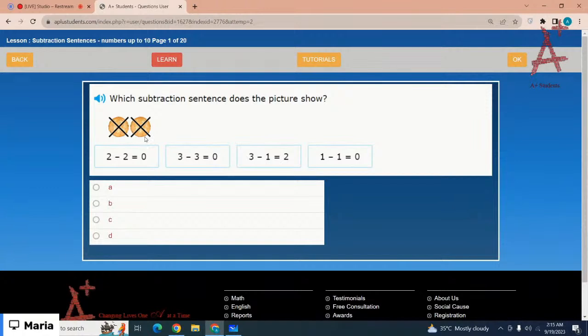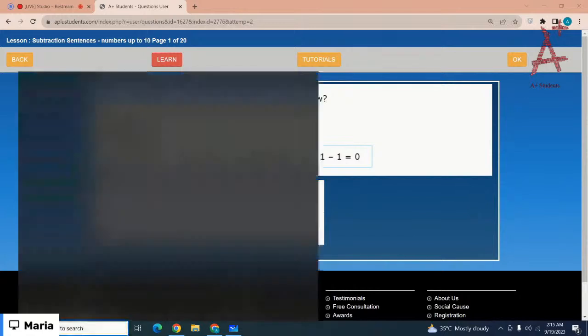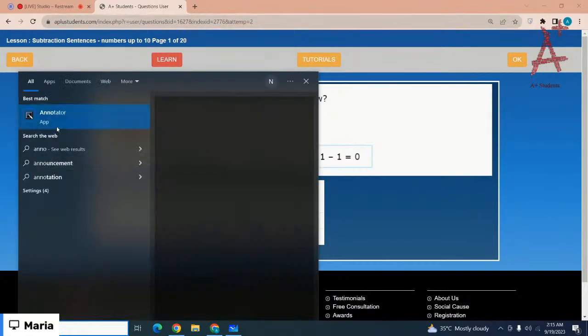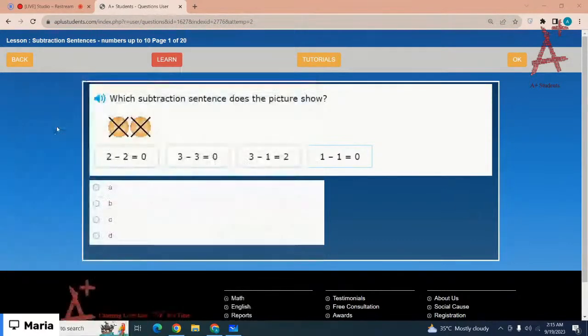You can see you have 2 biscuits, right? And both of them are crossed. So you are left with 0, right? That's what you got from the picture.